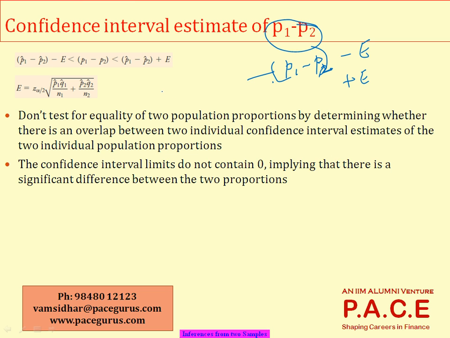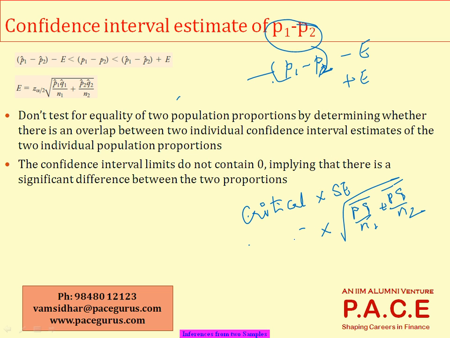So we have been talking about the margin of error as a calculation which is the critical value multiplied by the standard error. The standard error we have used in the earlier case is p bar q bar by n1 plus p bar q bar by n2. That is your standard error in case of two proportions. You multiply it with the critical value.